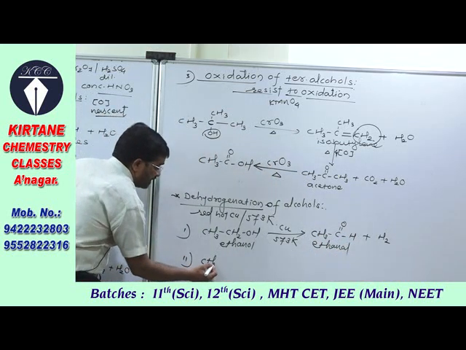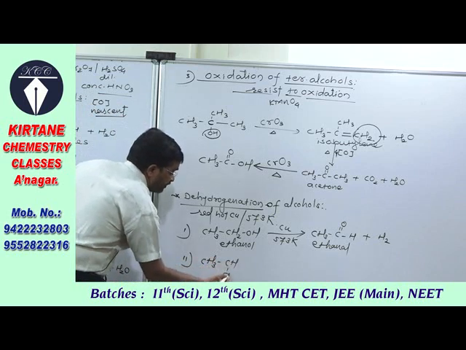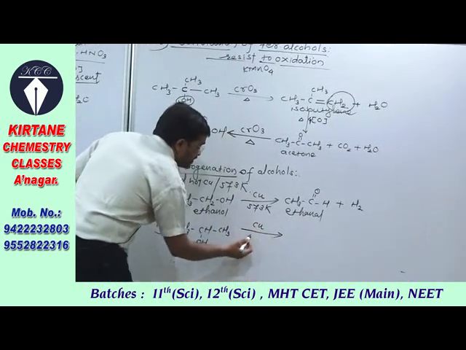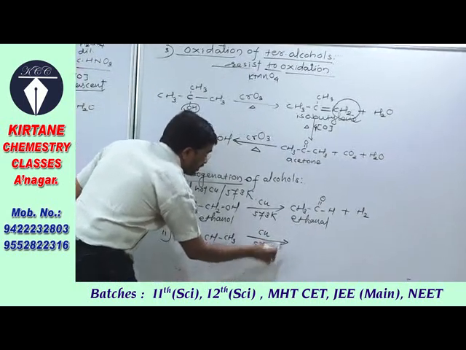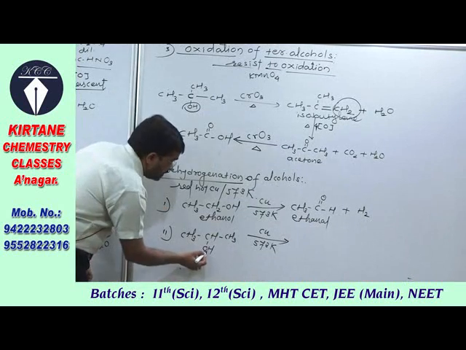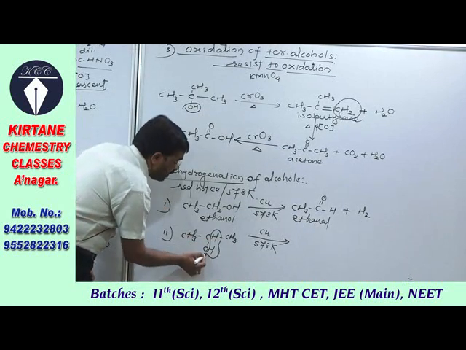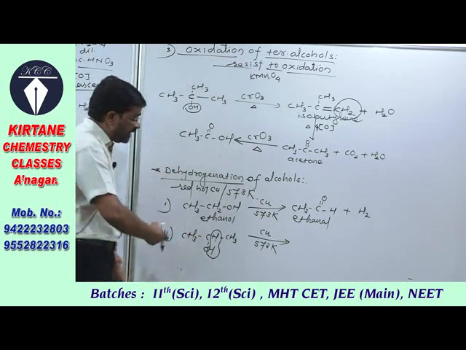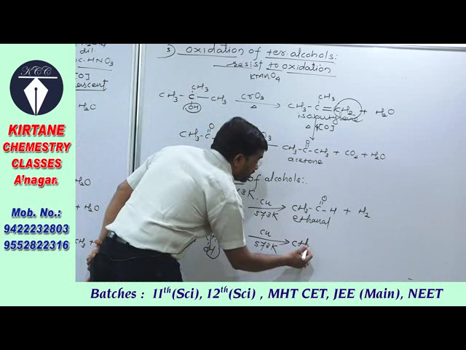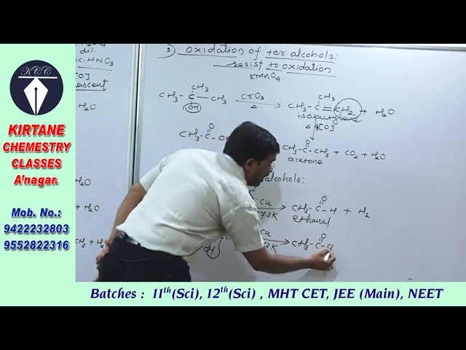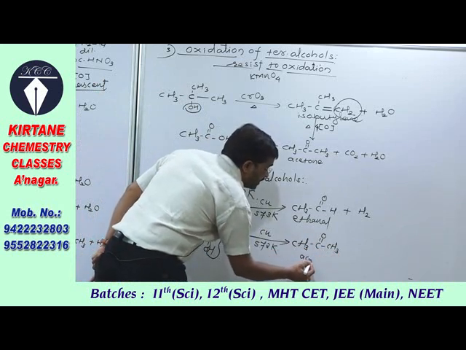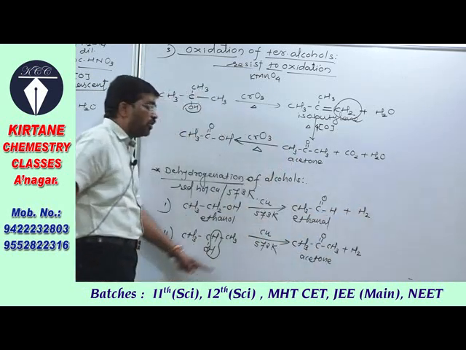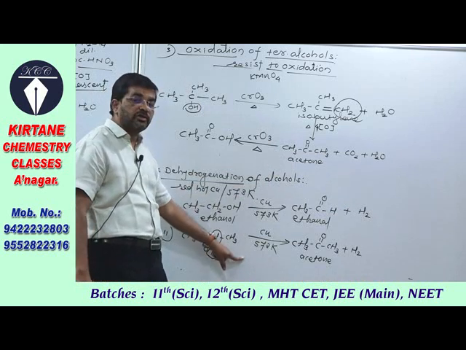Second example, here CH3, CHOH, CH3, that is secondary propyl alcohol, when heated with red hot copper, हे पहा हे दोन हायड्रोजन रिमूव्ह होतात आणि कार्बन आणि ऑक्सिजनच्या मध्ये डबल बॉन्ड फॉर्म होतो, म्हणजे त्याचं ऑक्सिडेशन होतं. Removal of hydrogen is also called as oxidation.